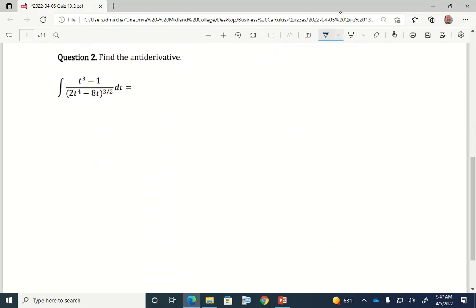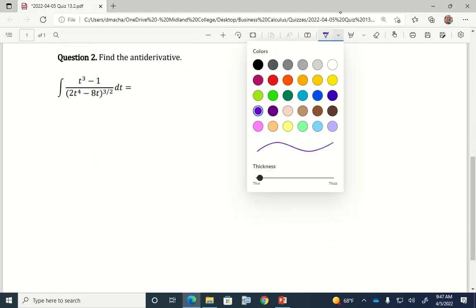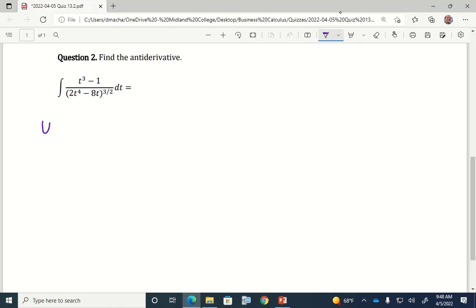In question 2, what should be my u choice? 2t to the fourth minus 8t. So now I take the derivative of u with respect to t.